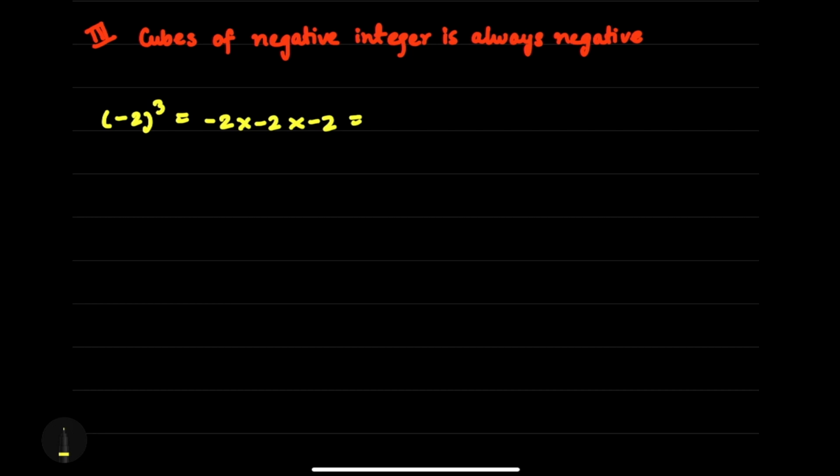But if we multiply +4 into -2, we'll get another negative number, which is -8. Even if we take the cube of -7, we have -7 into -7 into -7, and this again gives us, in the same fashion, -343. And that's all for the properties of the different kinds of cubes and cube roots.